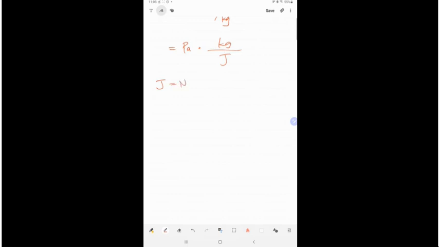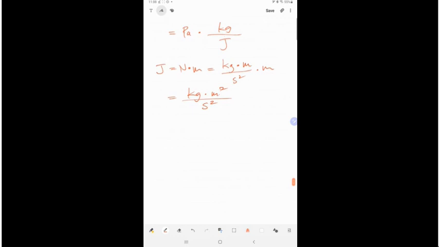A joule is equal to a Newton meter, force times a distance, and it just so turns out that a Newton is a kilogram times meters per second squared, times another meter here, so a joule turns out to be kilograms meters squared divided by seconds squared. Okay, so this is a little bit messy on the units front, but I'm just showing all of this to you so that you can see that it actually does all work out.